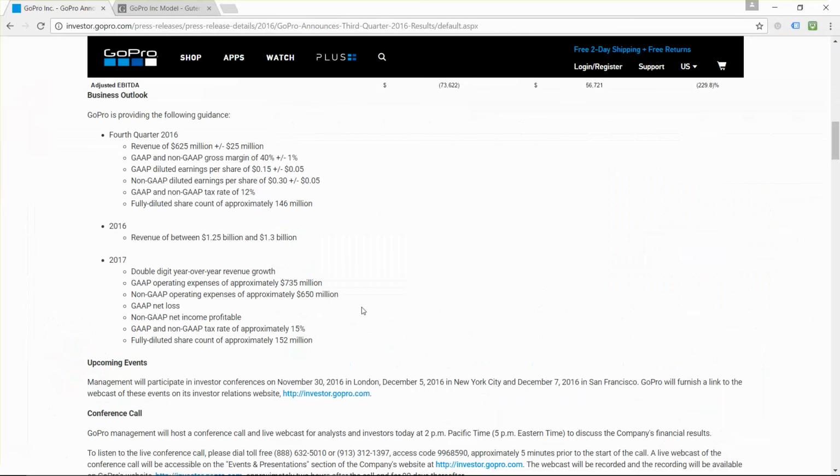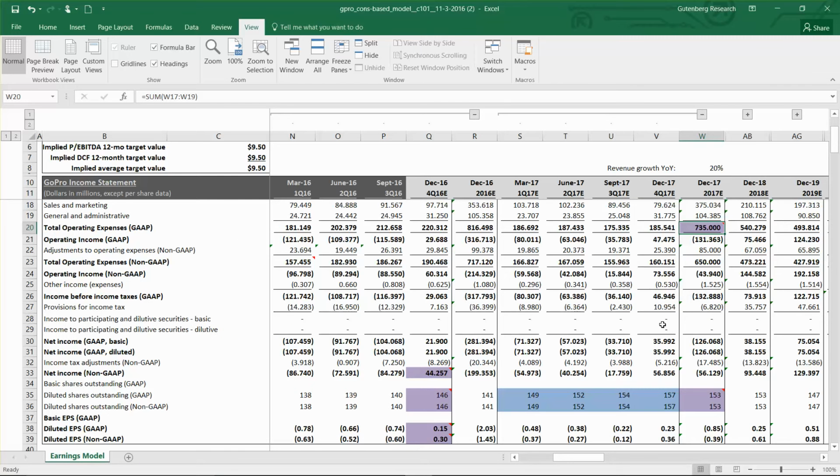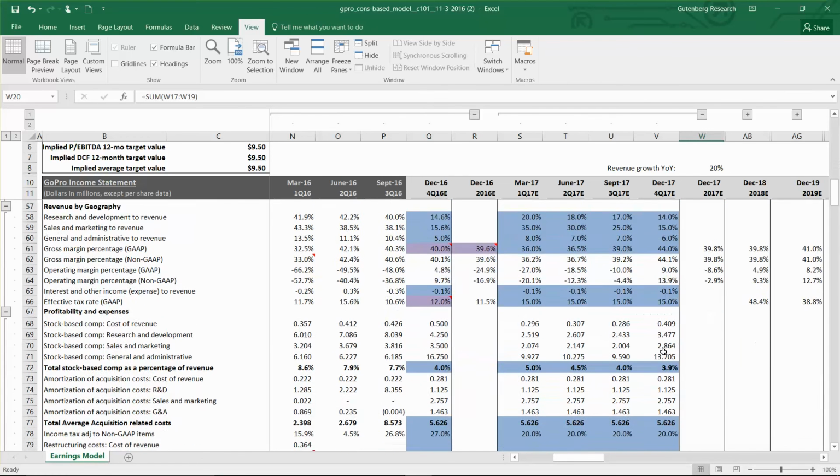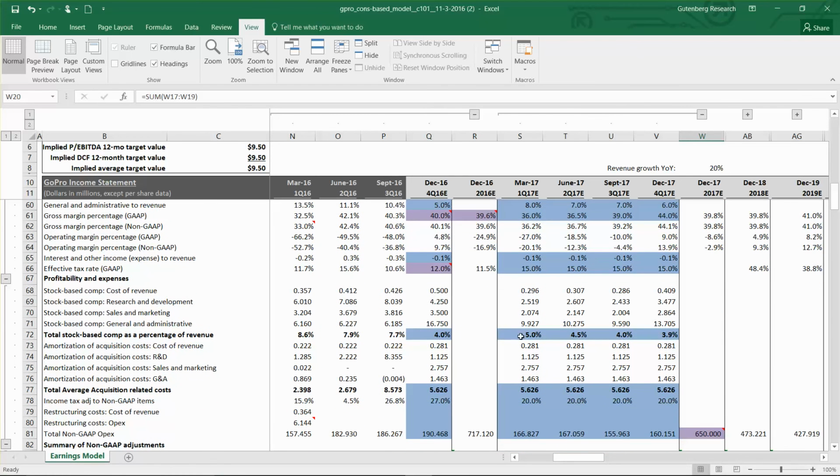And then on a non-GAAP basis, they give guidance of $650 million. Again, the non-GAAP adjustments are really for the stock-based comp and the amortization of intangibles. So we have our stock-based comp coming down to a more normalized 5% or so of revenue, and the amortization of intangibles is relatively stable.